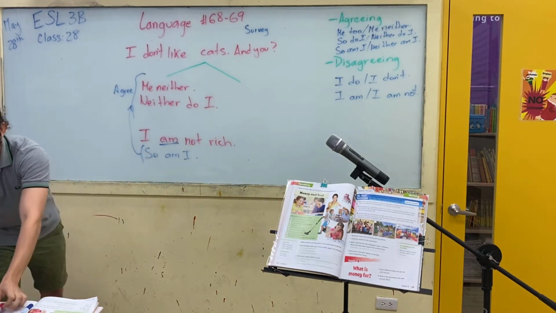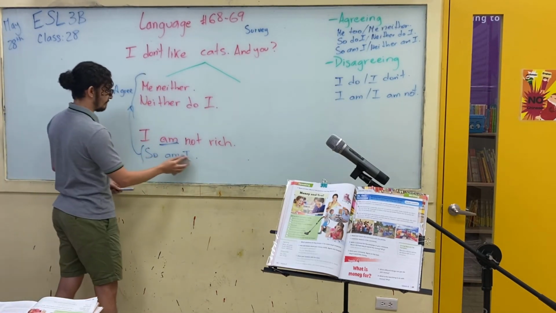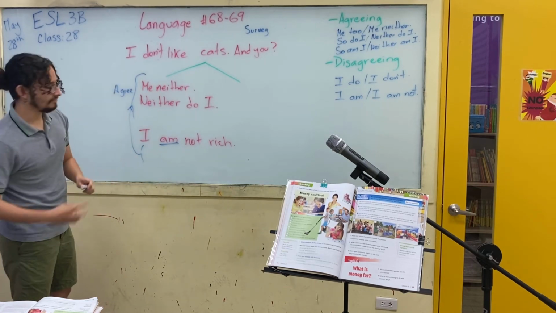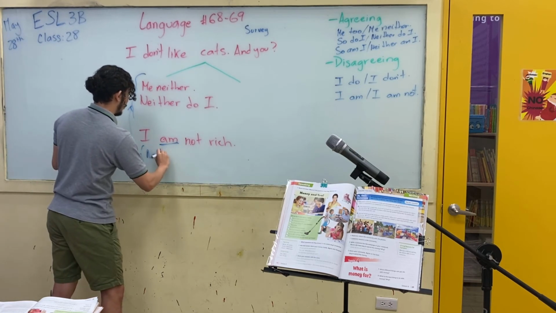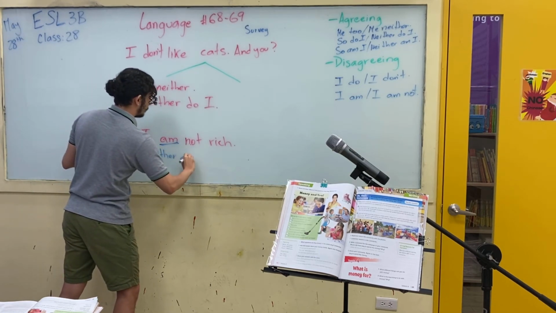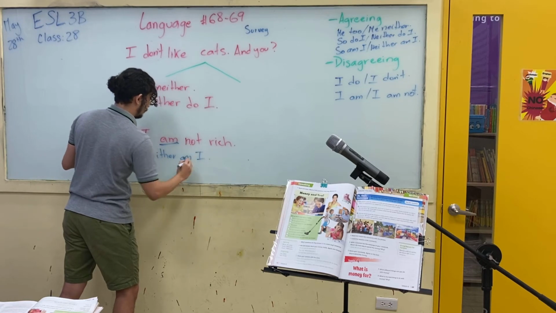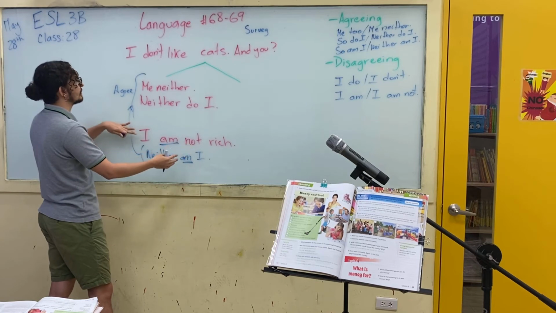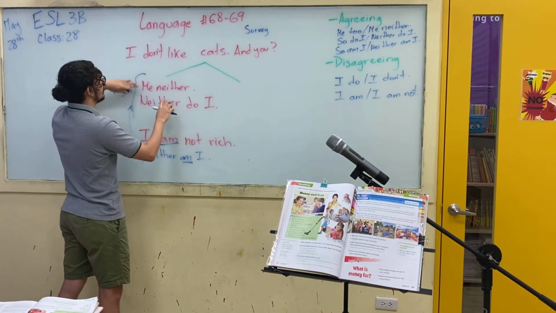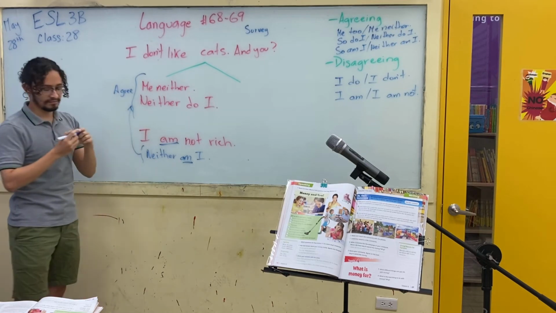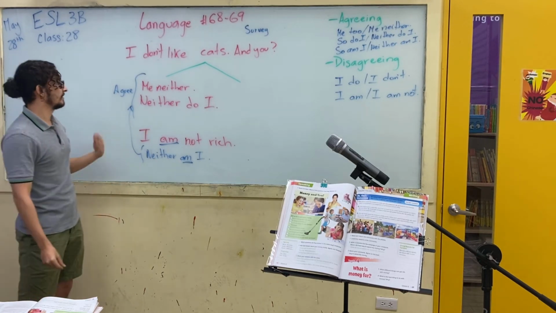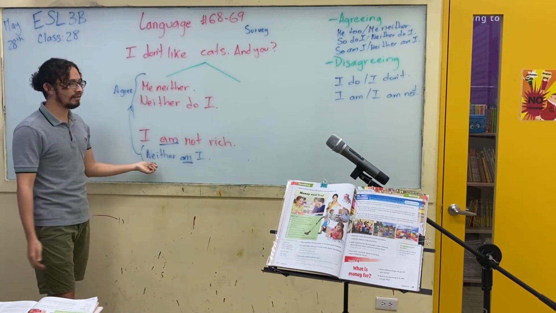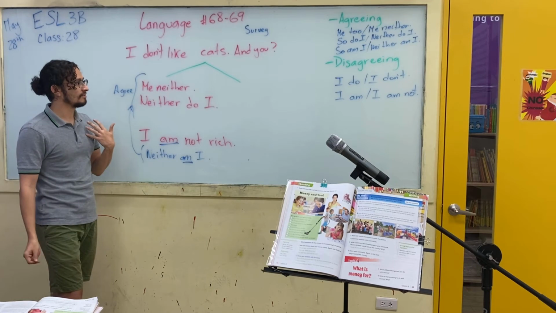Well, you can say neither am I. Neither am I. So we're still using am for I am, and we're still using do for don't. So don't mix those up. So if I say I am not rich, and you are also not rich, you can say, oh, neither am I. I'm also not rich. Wow, that's crazy. Okay.